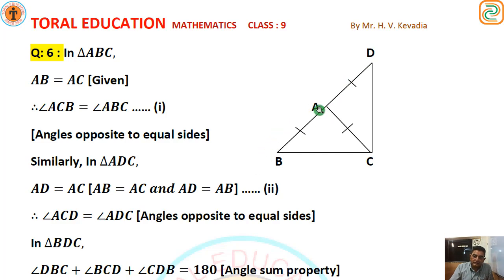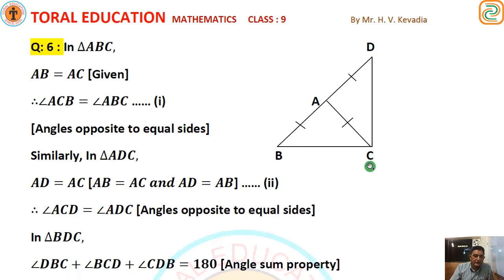That means A is the midpoint. Show that angle BCD is a right angle. Look at the figure and the question.